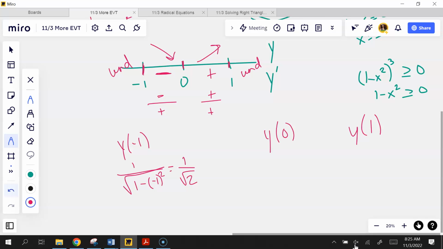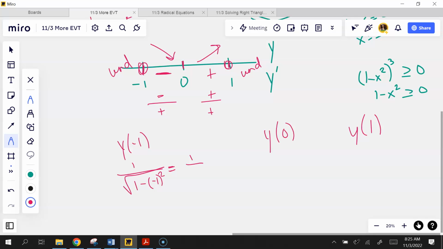No, no, no, because it doesn't include the endpoints, so I can't test the endpoints.